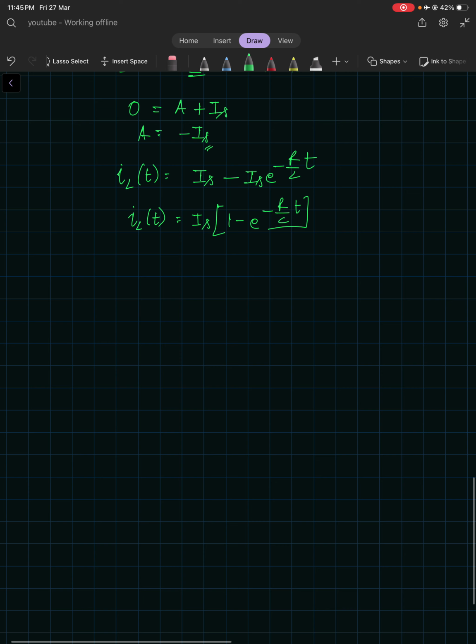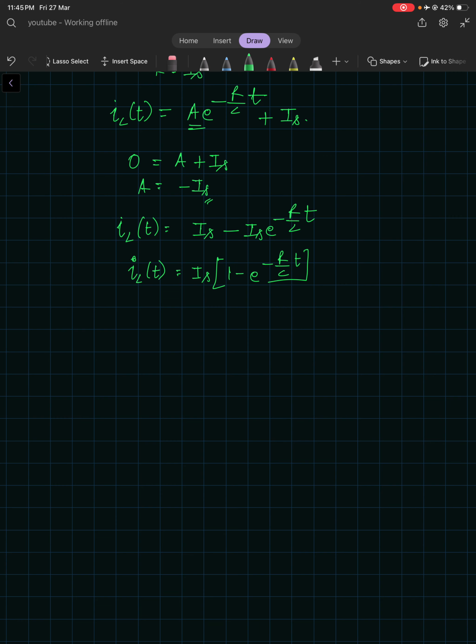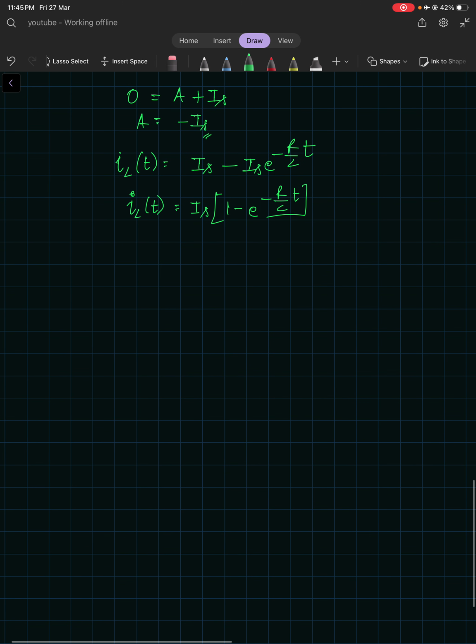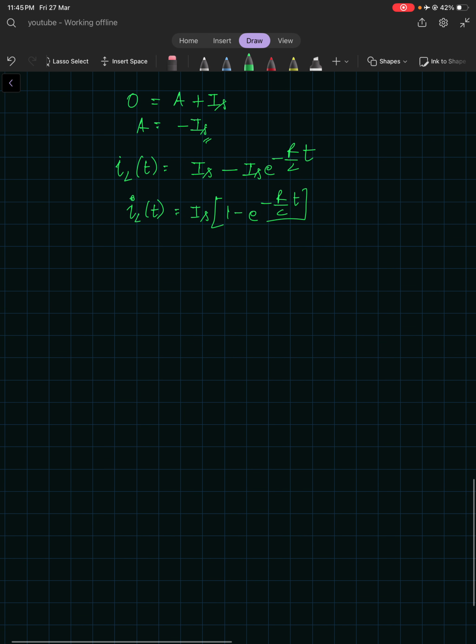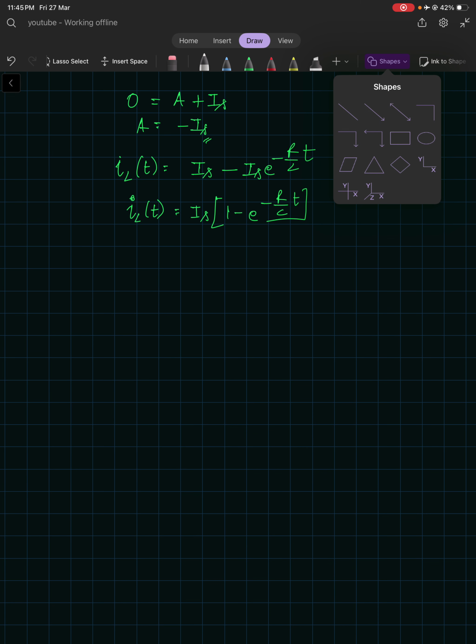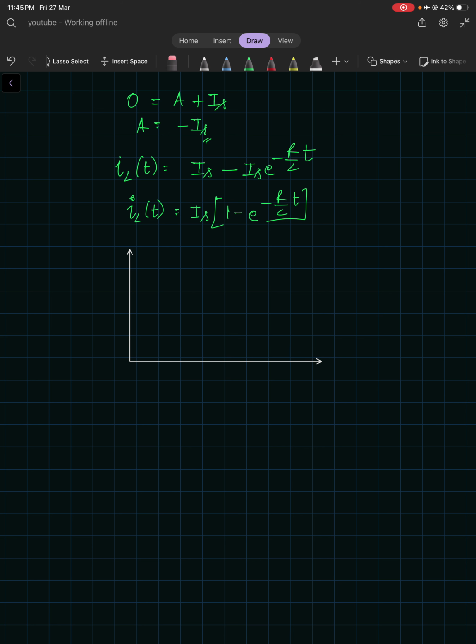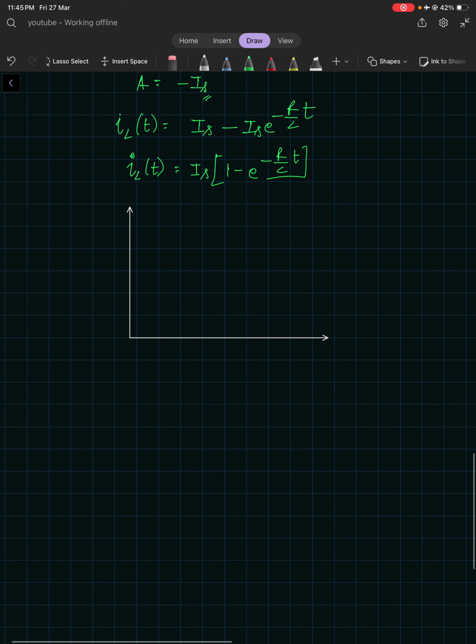So this was the equation as expected, because initially the current was 0, and in the steady state the current was reaching the IS value, and the same thing we are getting here, right? If I need to draw the behavior of the current, the initial condition is the same as the RC circuit.